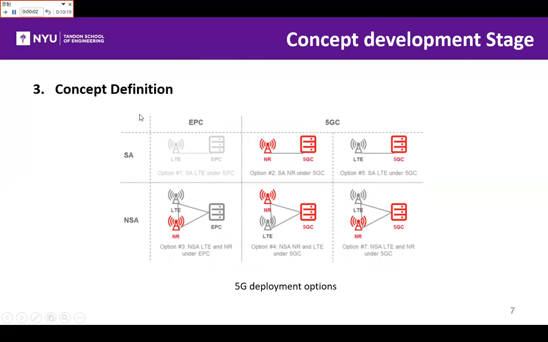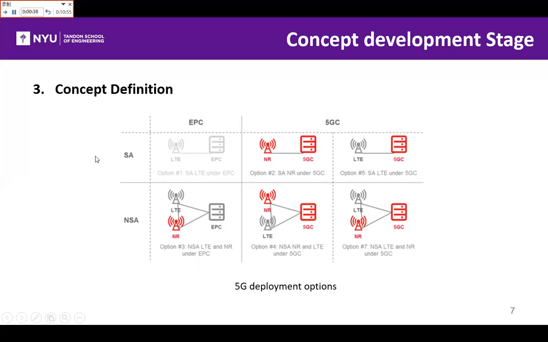The next stage is also the last phase of concept development, concept definition. Here the graph shows several deployment options for the 5G system. For example, if we're using the SA radio access network, we can choose either NR new radio or LTE technology.